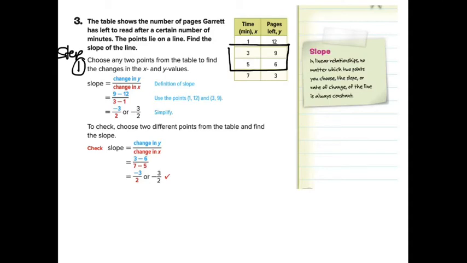Okay, you could use 3, 9, and 5, 6. This example, they used our first 2. So all we're going to do is we're going to focus in on these 2 ordered pairs. We're going to completely ignore these others. Okay, so change in y. That tells me we are going to focus on these 2 values right here.